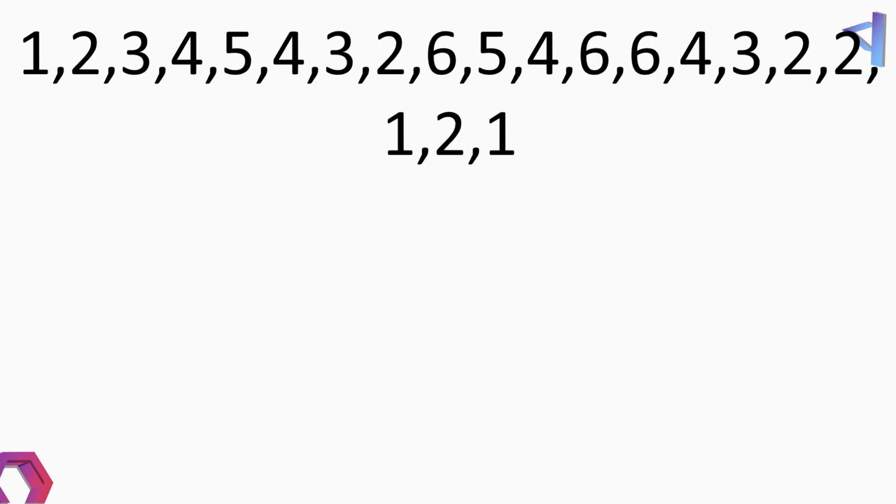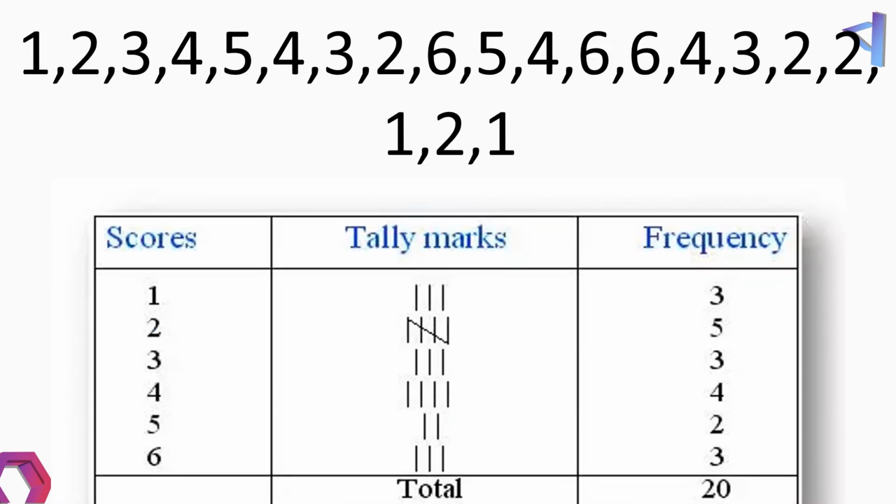Everybody knows about tally marks, but hardly a few people know how to use them. Let us see this example. There are the scores 1, 2, 3, 4, 5, and 6, and these observations are repeated throughout this data. So we write the scores here, 1, 2, 3 up to 6.